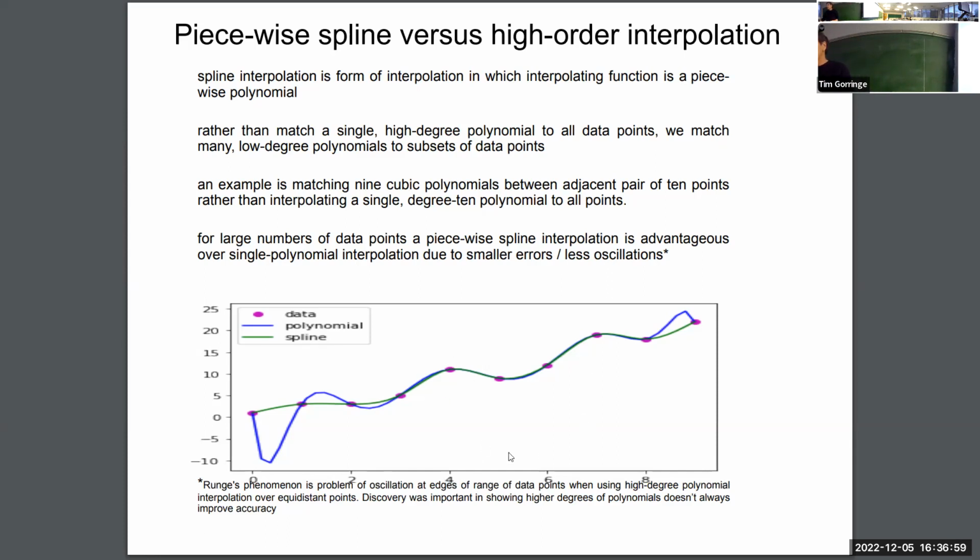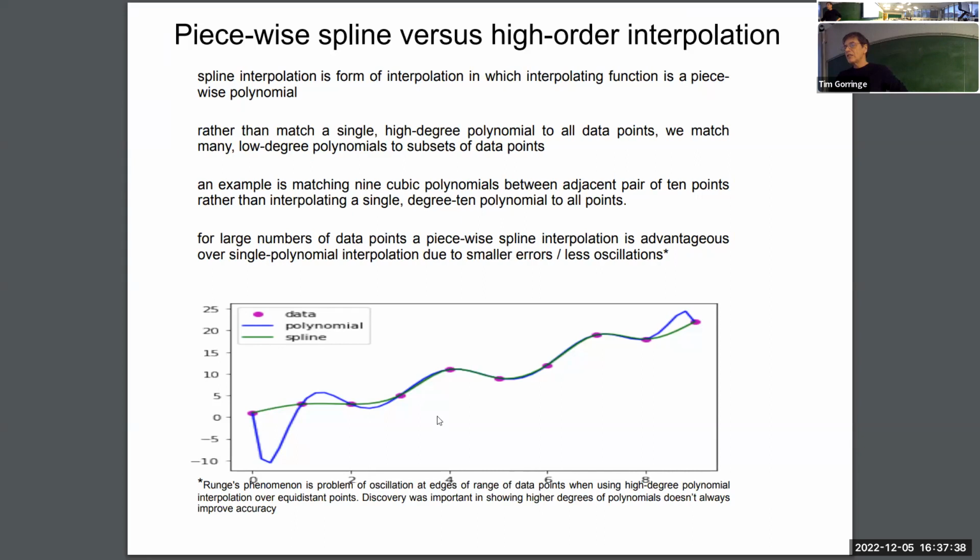In this sketch here, well, more than a sketch, it actually is an interpolation. Between these data points indicated in magenta, so there's 10 data points, I've found the interpolating single polynomial, the 10th order polynomial, in blue here from the Lagrange method. And then I found an interpolating cubic spline from the spline method in green here.